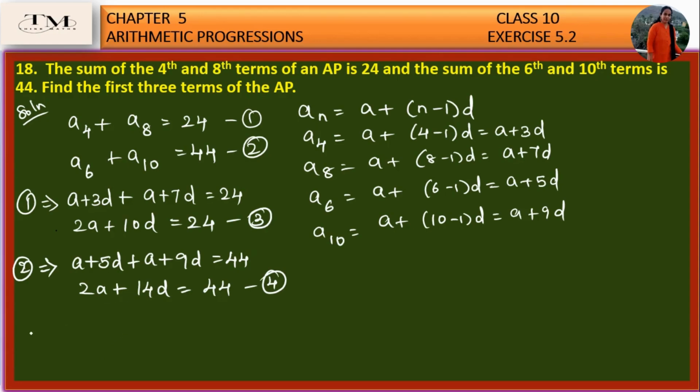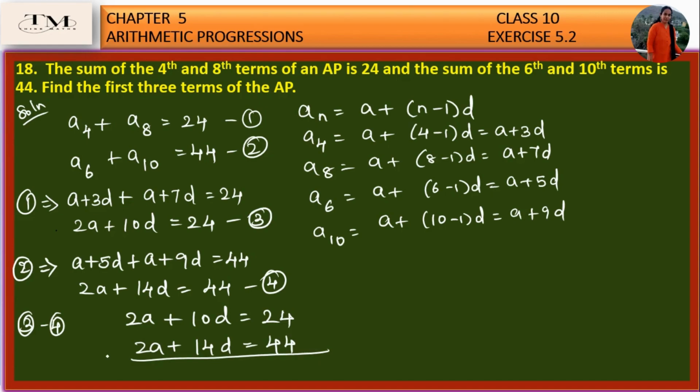So solve this equation, that is 3 minus 4. Because the coefficient of A is the same, if you subtract, A will be cancelled. Third equation is 2A plus 10D is equal to 24. Fourth equation is 2A plus 14D is equal to 44.